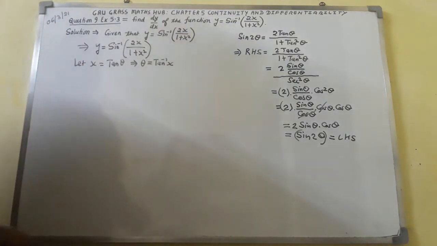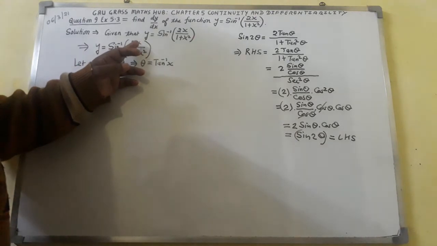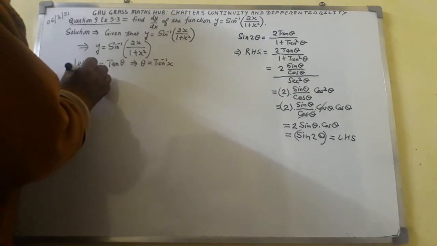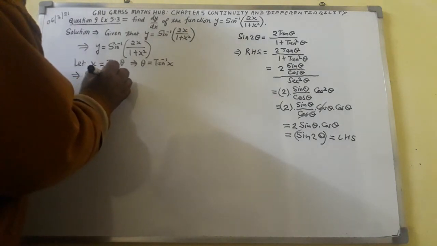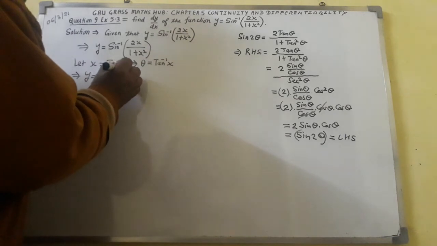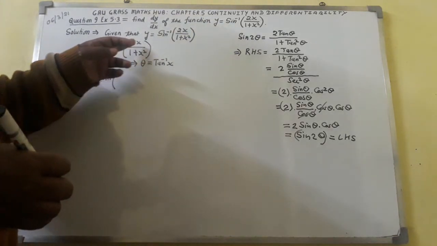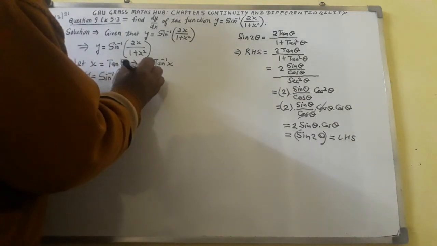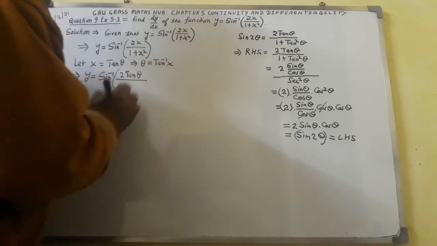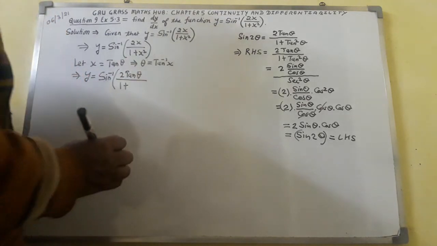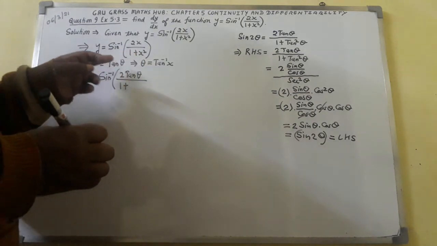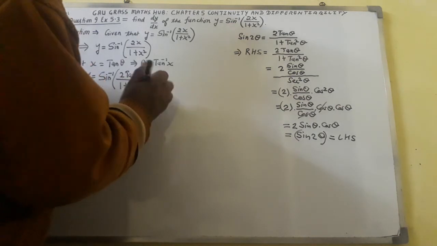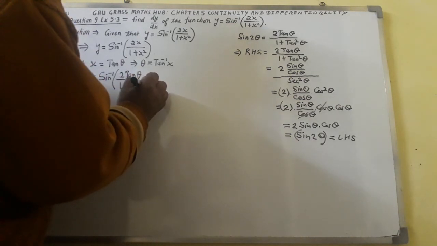So here in place of x I shall write tan theta. So it will become y is equal to sin inverse 2 tan theta whole over 1 plus, in place of x I shall write tan theta, tan square theta.